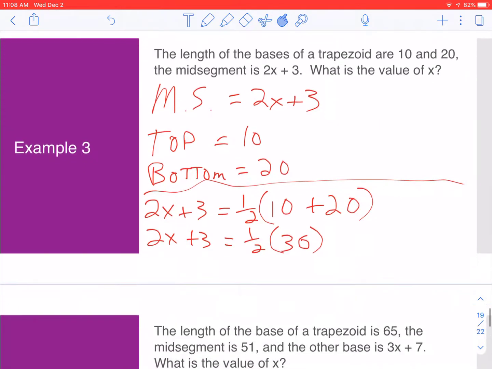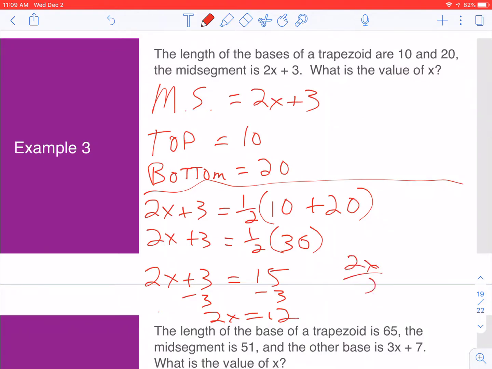And now I'm going to take half of 30. 2x plus 3 equals 15. Minus 3 minus 3. 2x equals 12. Divide both sides by 2. X equals 6. So basically you're just plugging in the numbers from the question into the problem.